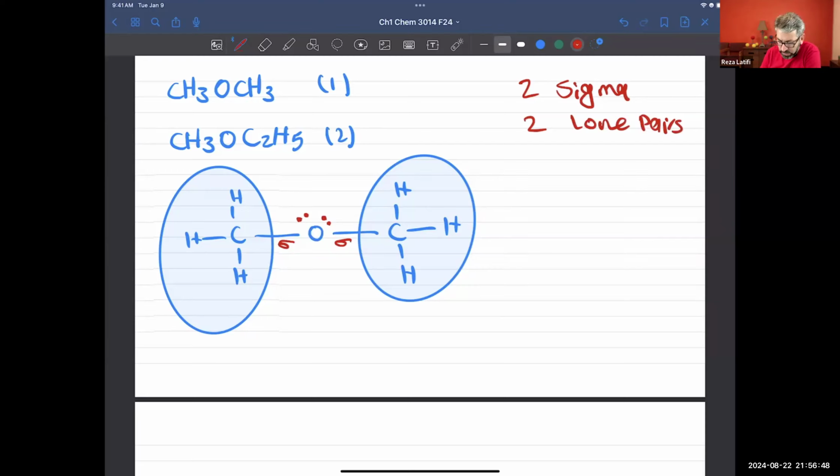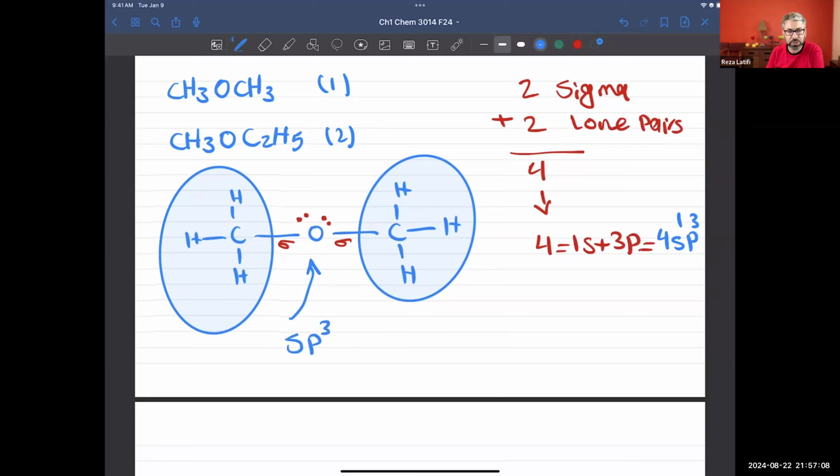Next, sigma plus lone pairs equals 4. What's going to be the hybridization? It will be 1 from S, 3 from P, so S1P3. The hybridization for oxygen will be sp3. This one is supposed to be tetrahedral.